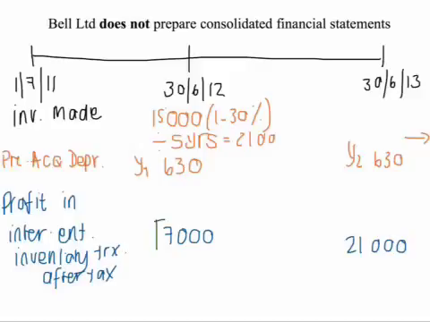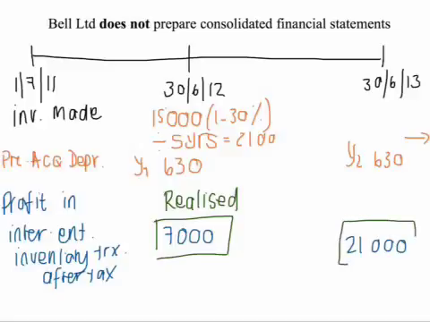So this is a realized profit because we make the assumption that the inventory was sold in the following year, and this is inventory on hand at the end of the year, so that is unrealized profit.